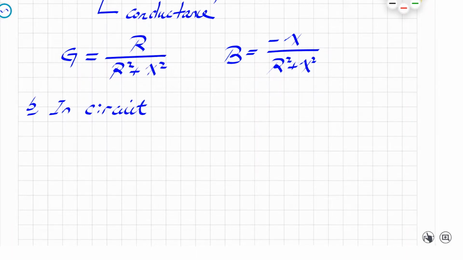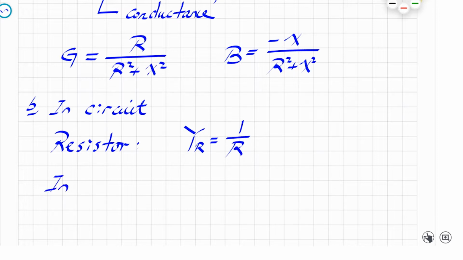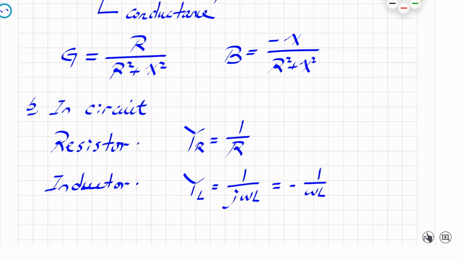For a resistor, that admittance is simply the reciprocal of the impedance, which is just R. So this one is just equal to 1 over R. And for an inductor, the YL is equal to the reciprocal of the ZL, which is 1 over j omega L. And that is equal to the negative of 1 over omega L, and the phase angle is 90 degrees here.